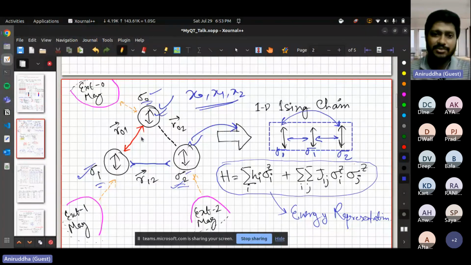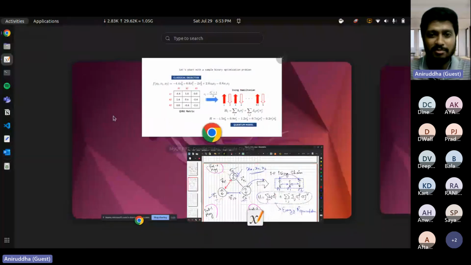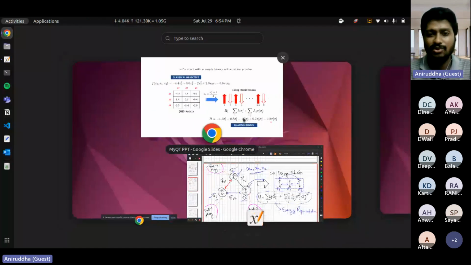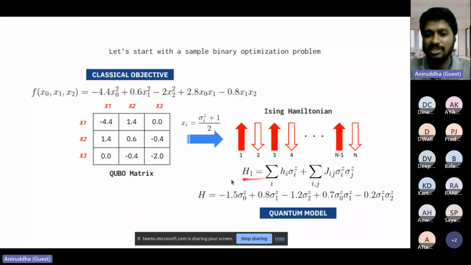Now, just by tuning the distance, you have created a certain situation where you are able to implement the last two terms of your mathematical function, basically some terms of your Hamiltonian.